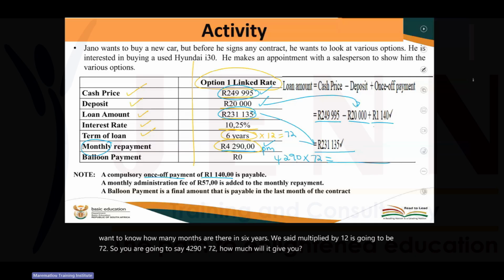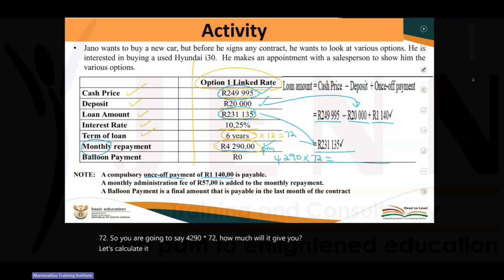Let's calculate it quickly. It's going to be 72 times 4,290. The total amount is going to be 321,750. Oh, how much was the cash price?